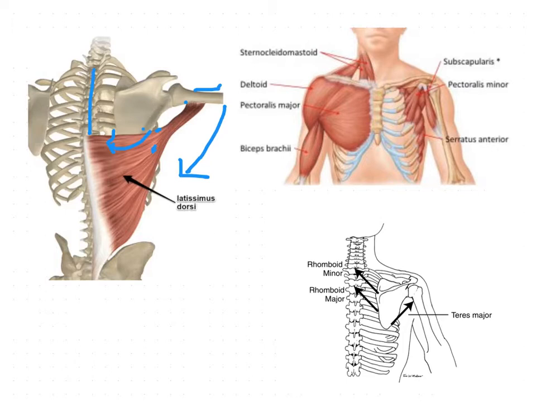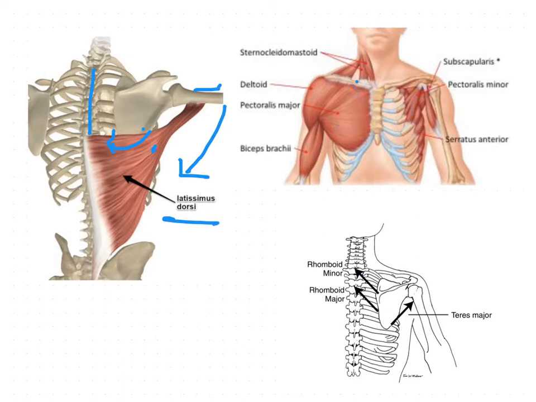The depressors of the shoulder complex are, first, the latissimus dorsi and the pectoral muscles, the pectoralis major and pectoralis minor, and also the teres major muscle and the rhomboid muscles. So here depression takes place by the involvement of a combination of muscles.